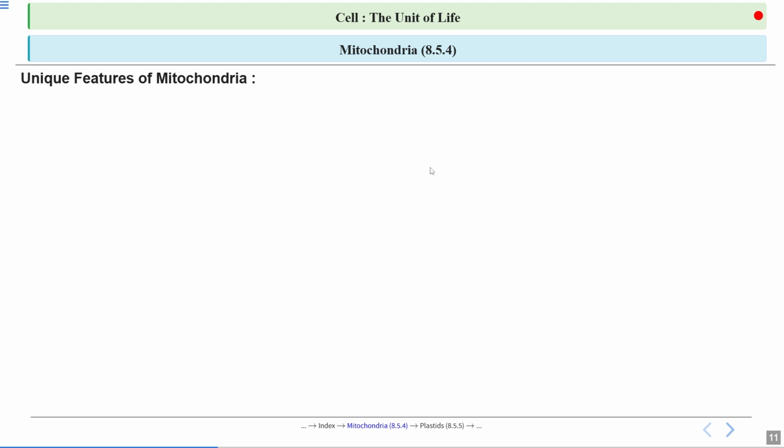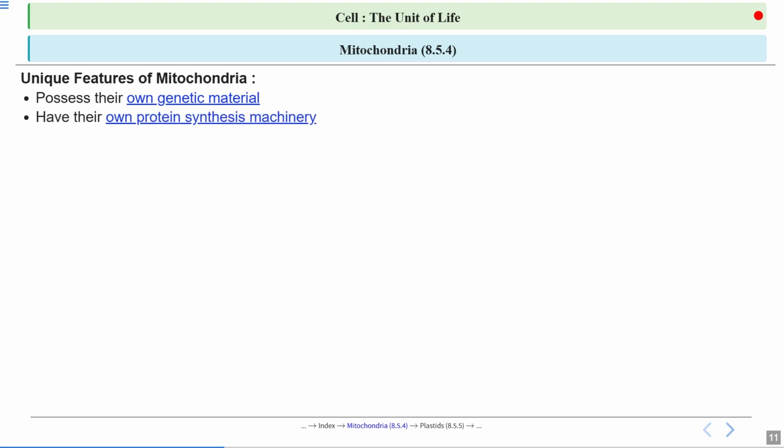Now we have discussed the mitochondria. What are the unique features of mitochondria, which are very specific to mitochondria? They possess their own genetic material. This is a unique feature. No other organelles except chloroplasts consist of their own genetic material. They have their own protein synthesis machinery as well, like bacteria. They can function somewhat independently of the nucleus.